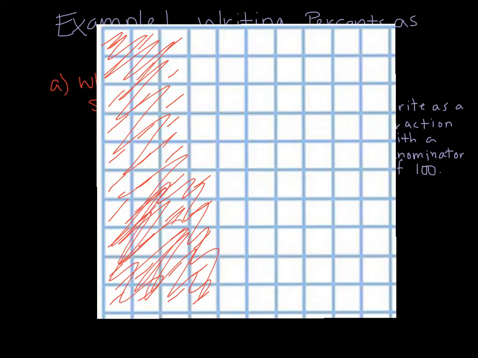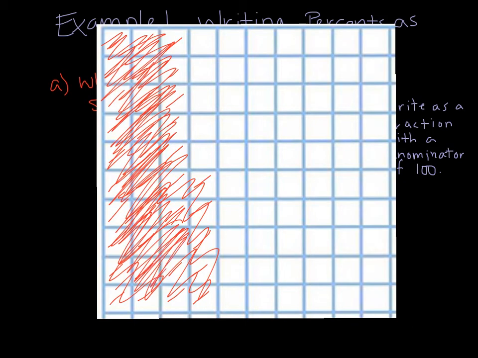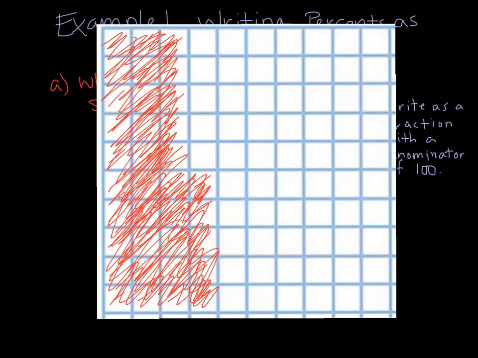Again, you don't have to write this down, but this would represent 35 out of 100. And that means I'm covering 35% of something, in this case units, on a piece of graph paper. So I'm covering these 35 units to represent 35%.